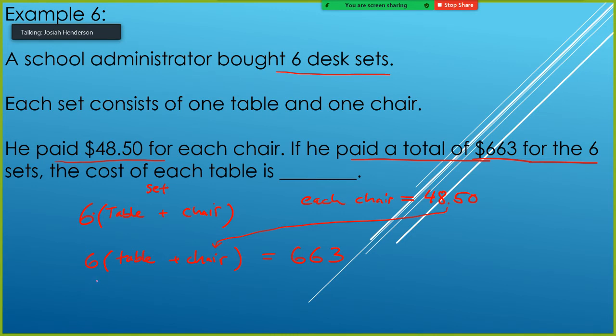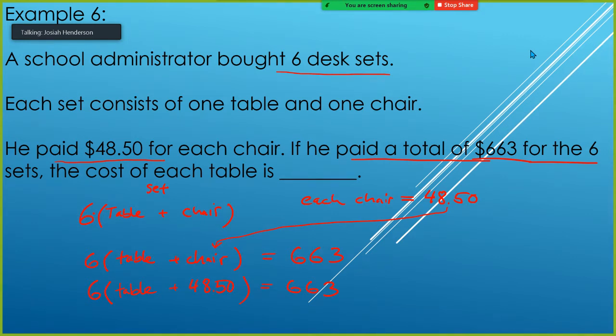So let's see what that looks like. 6 times, I'll say the whole word, table plus $48.50 equals 663. Okay, now this, albeit rather complex, is a linear equation.